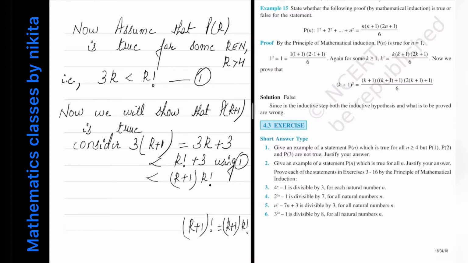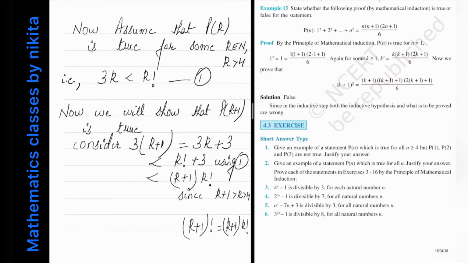Okay, so k factorial plus 3 is less than k plus 1 into k factorial, and the reason is, see, the reason is what? That since एक तो यहाँ पे multiplication involve है, and this k plus 1 which is greater than k and k is greater than 4.